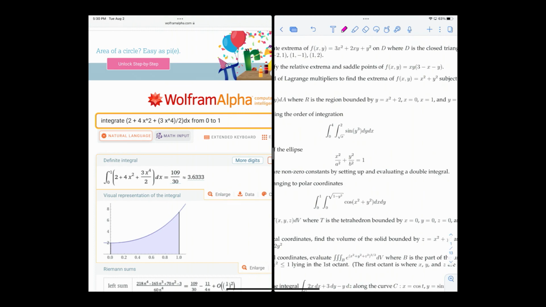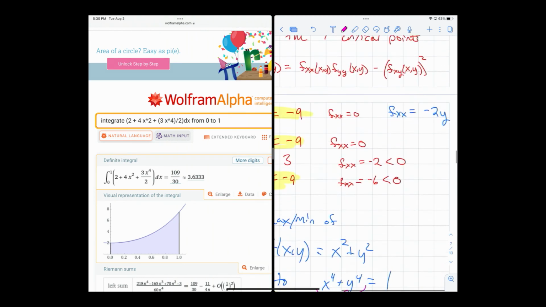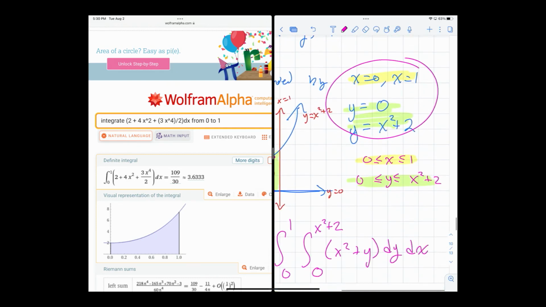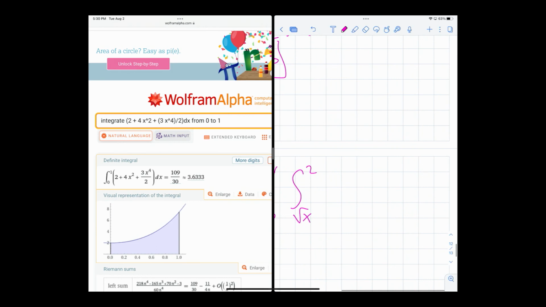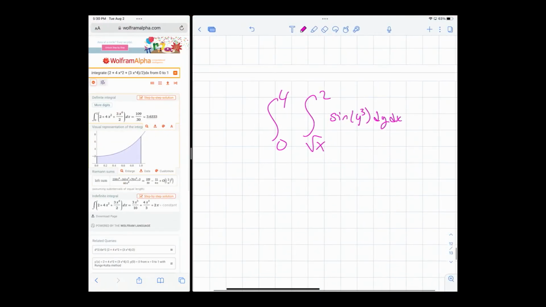Sine y cubed dy dx. Okay, so hopefully I wrote that correctly. It's number 5.